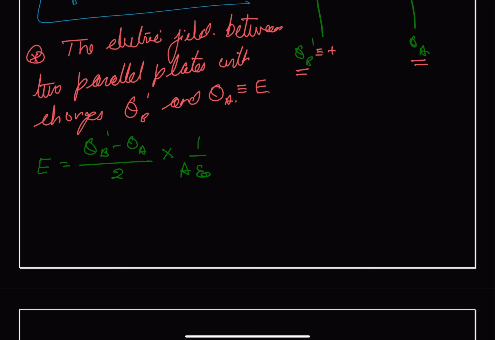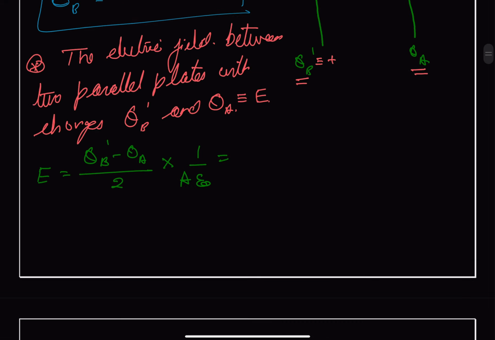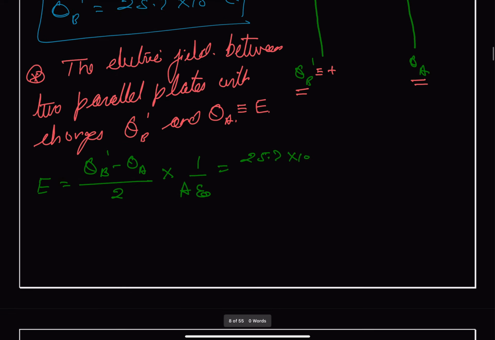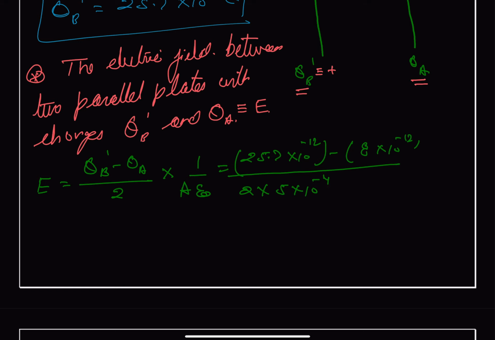And we substitute the values. QB prime is our 25.7 into 10 to the power minus 12, and QA is our 8 into 10 to the power minus 12, divided by 2, area we know is given to us as 5 into 10 to the power minus 4, and epsilon naught value we know is 8.85 into 10 to the power minus 12.